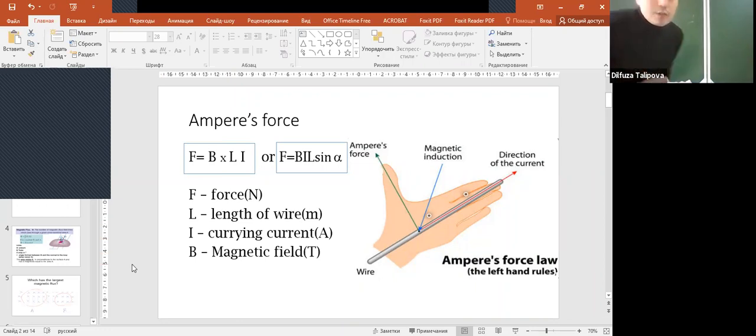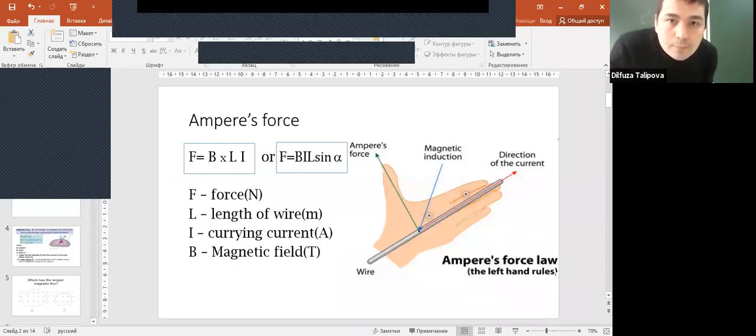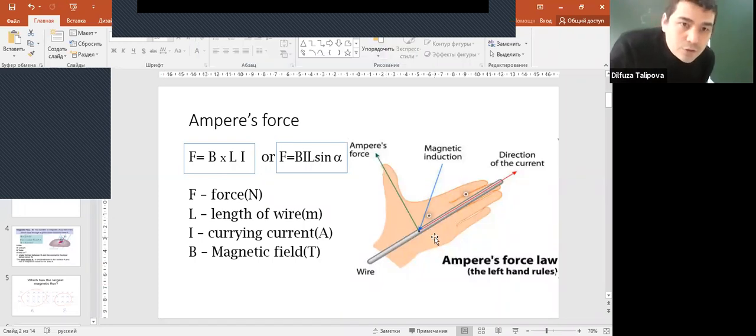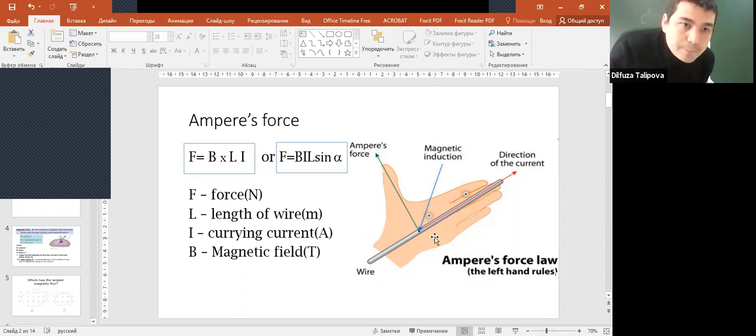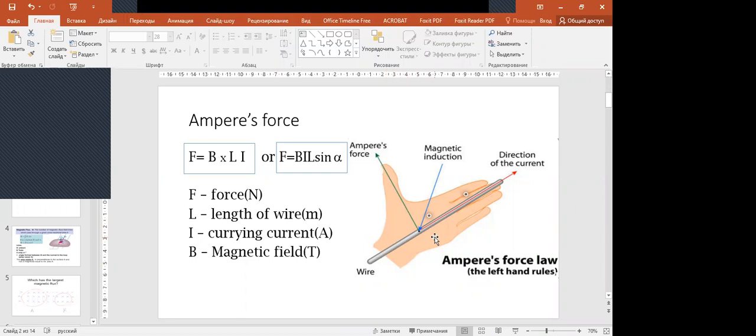Okay, so by using the left hand rule, we should find the force, which is the Ampere's force here.